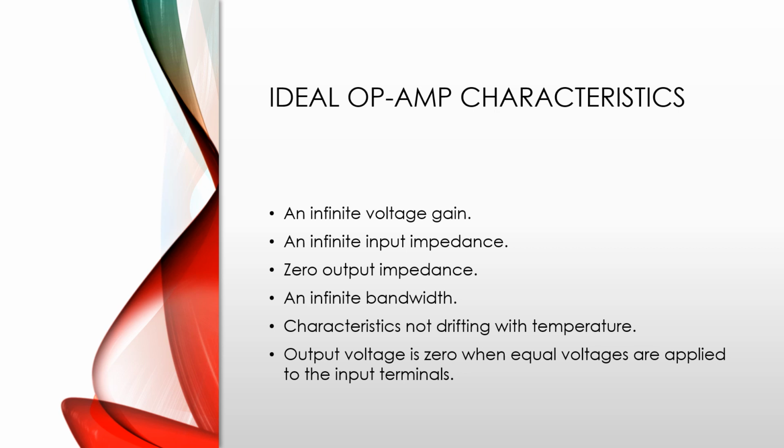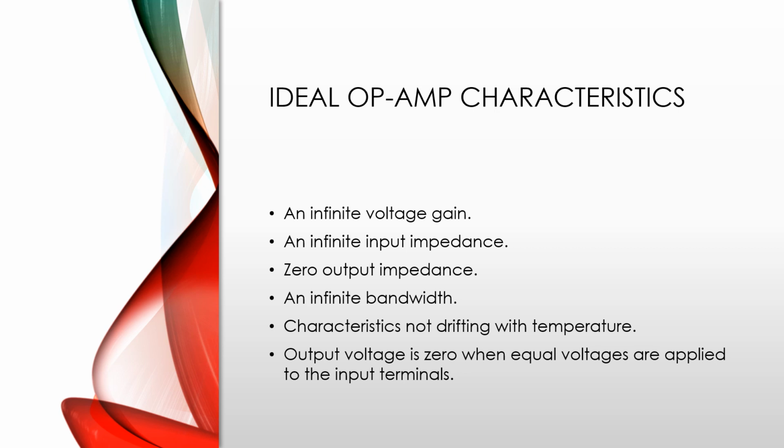So instead of infinite voltage gain, for a practical op amp we get 10 to the power 3 to 10 to the power 6 voltage gain. Instead of infinite input impedance we get 150 kilo ohm to a few hundred mega ohm input impedance. Instead of 0 output impedance we get 0.75 to 100 ohm output impedance.